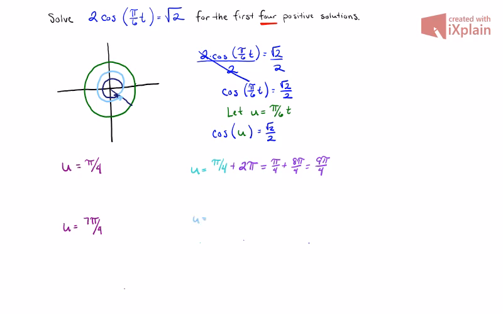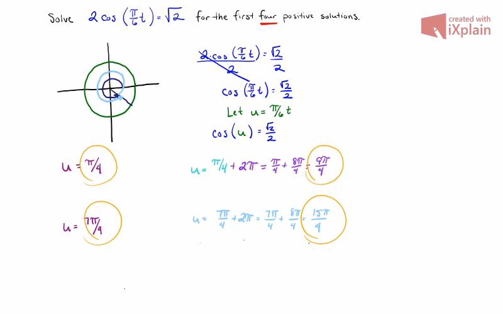So in this case, we would have our 7 pi over 4, and then we're going to add another revolution. So 7 pi over 4 plus 8 pi over 4 is going to give me 15 pi over 4. So as you can see here, we have 1, 2, 3, 4 solutions. So we've satisfied our work.